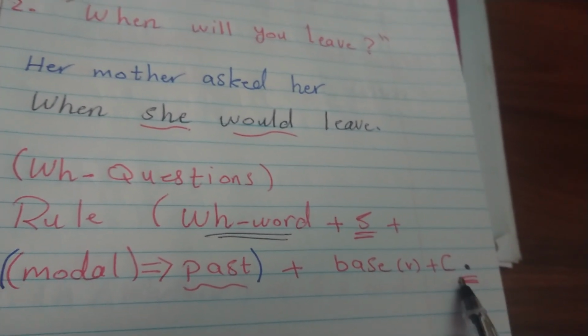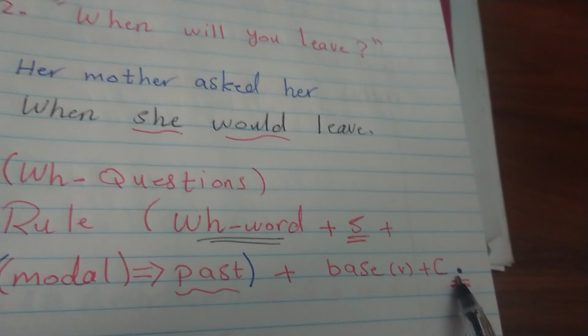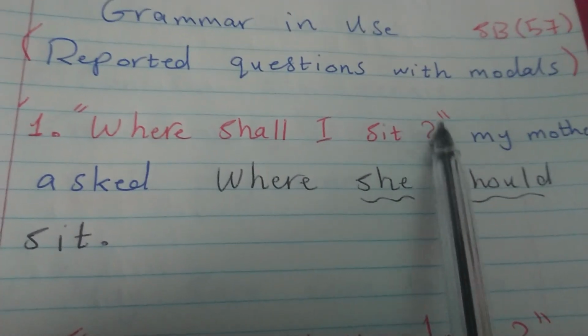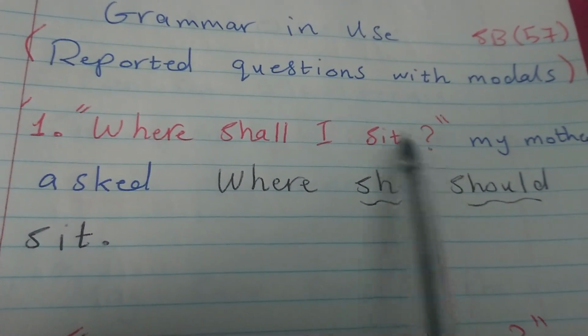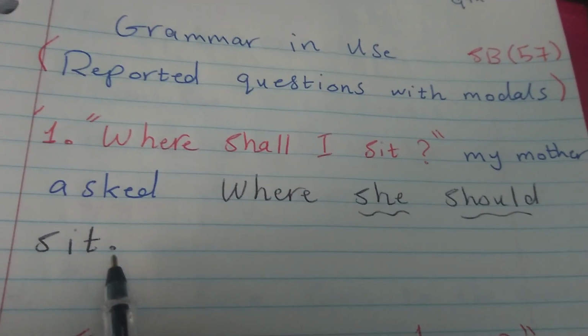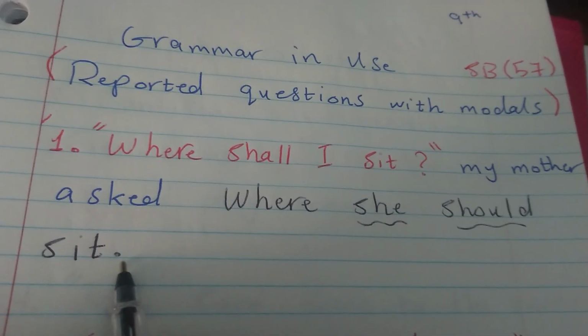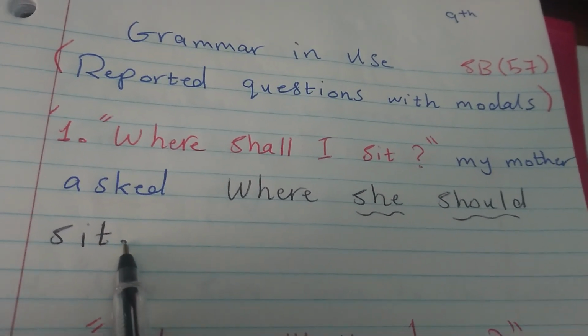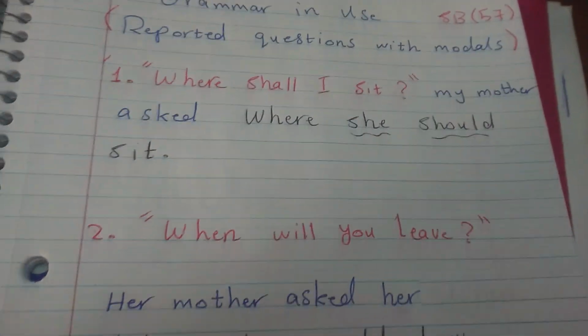Notice here, we changed the question mark to what? To full stop. If you go back to the first question, we changed the question mark here to what? To full stop, the dot, okay? So this is for the WH question.